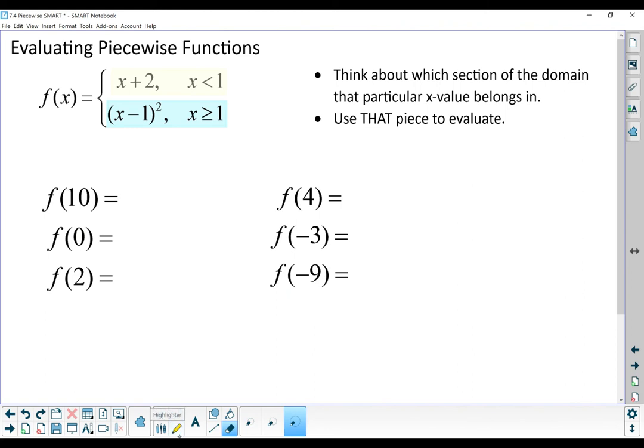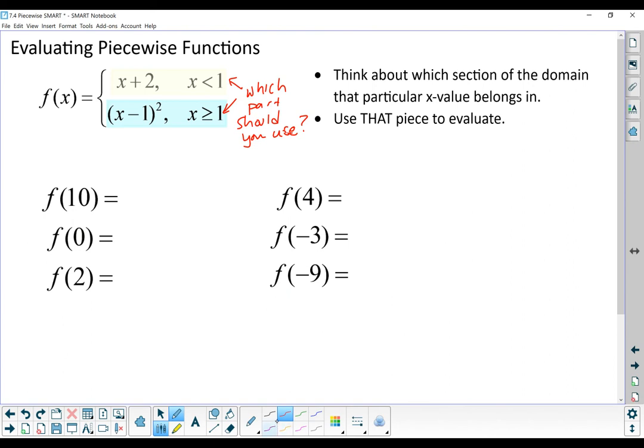You have to use the boundary, the domain pieces, to figure out which part to use. And once you decide which part to use, you only sub into that piece.